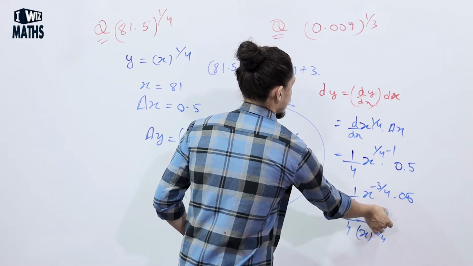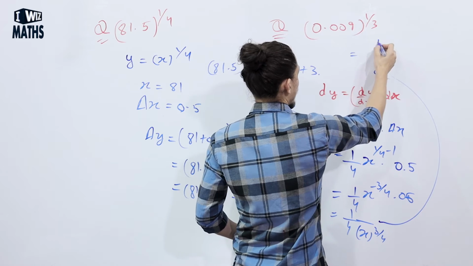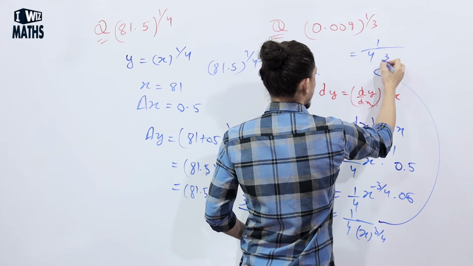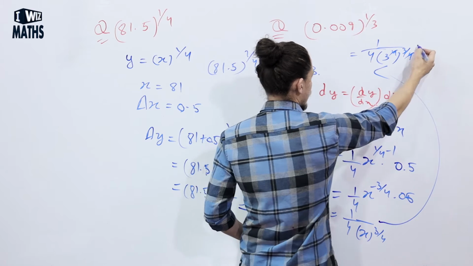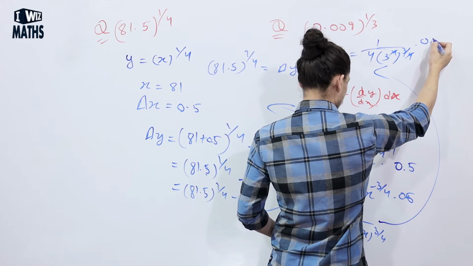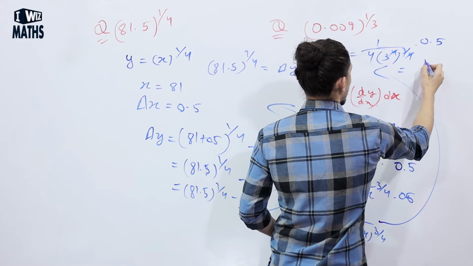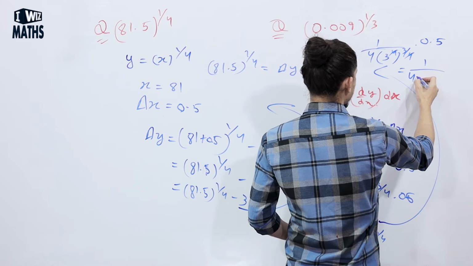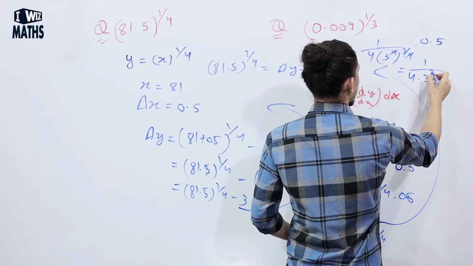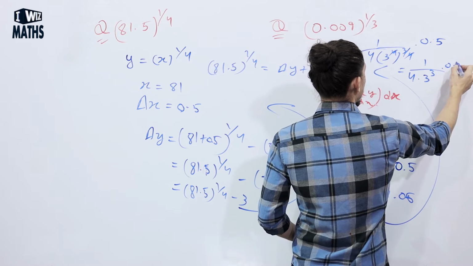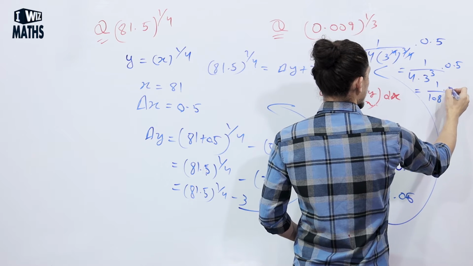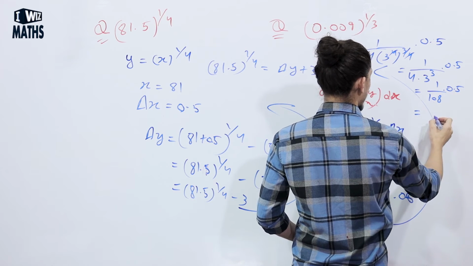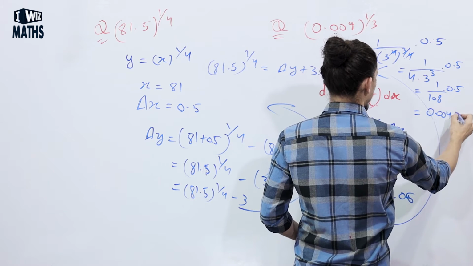So I can write it as 1 by 4 into 3 raised to power 4 raised to power 3 by 4. 4 and 4 cancel, into 0.5, which is equal to 1/4 into 3 raised to power 3 into 0.5, which is equal to 1/108 into 0.5, which is equal to 0.0046.